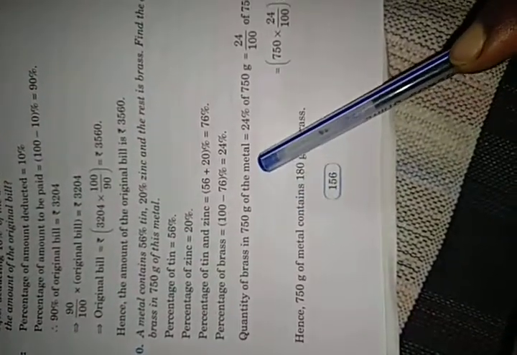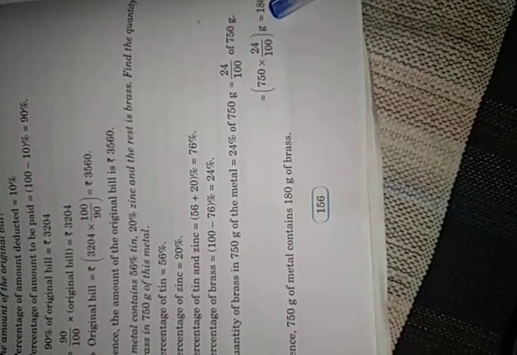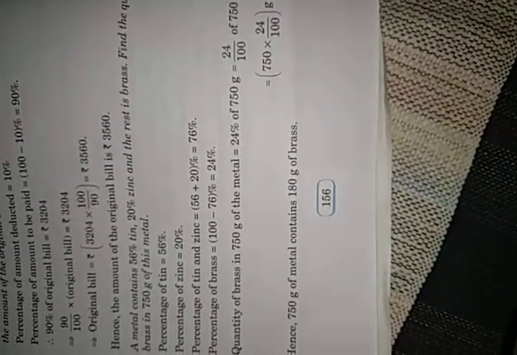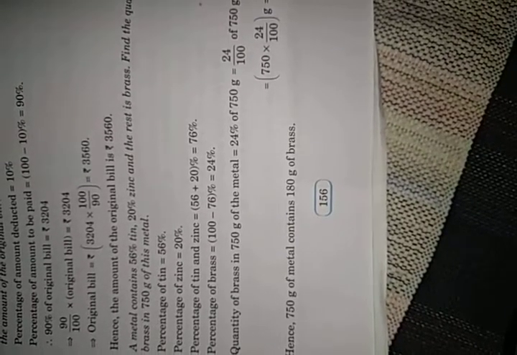Now the quantity of brass in 750 gram of the metal is 24% of 750 gram, 24 by 100 into 750 gram, that is equal to 180 gram. Hence 750 gram of metal contains 180 gram of brass.